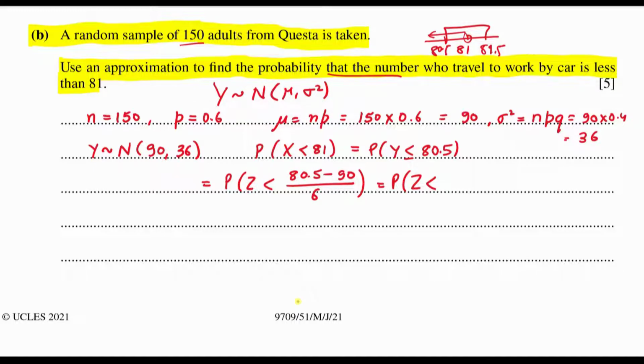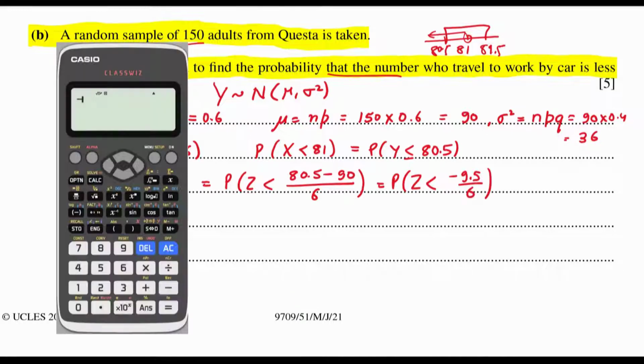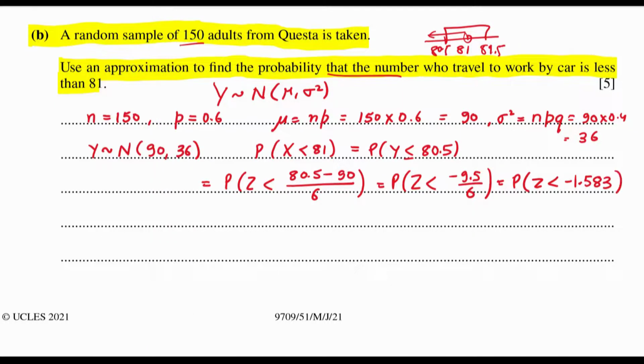So the probability of Z less than (80.5 minus 90) upon 6, that is minus 9.5 over 6, which is minus 1.583.